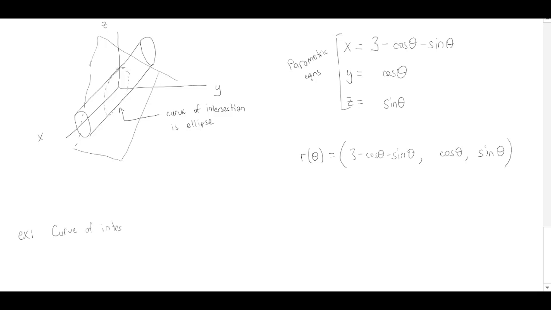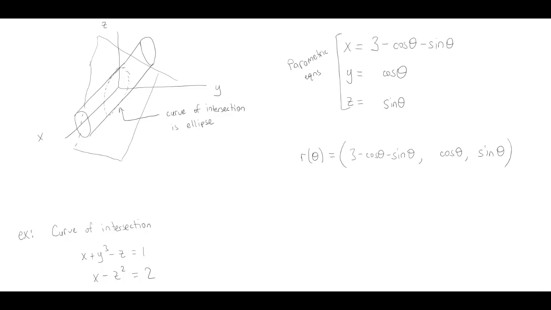This time my equations are a little bit more complicated. There are no circles anywhere, okay? So we can't use polar coordinates to help us out, all right?